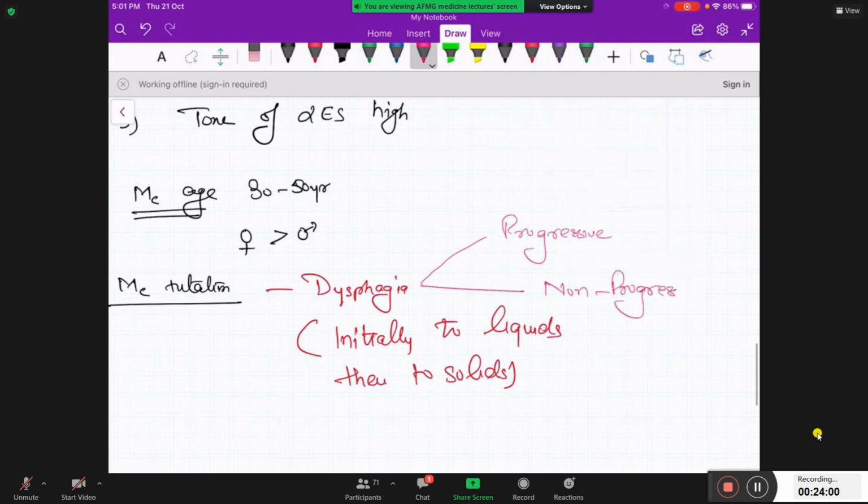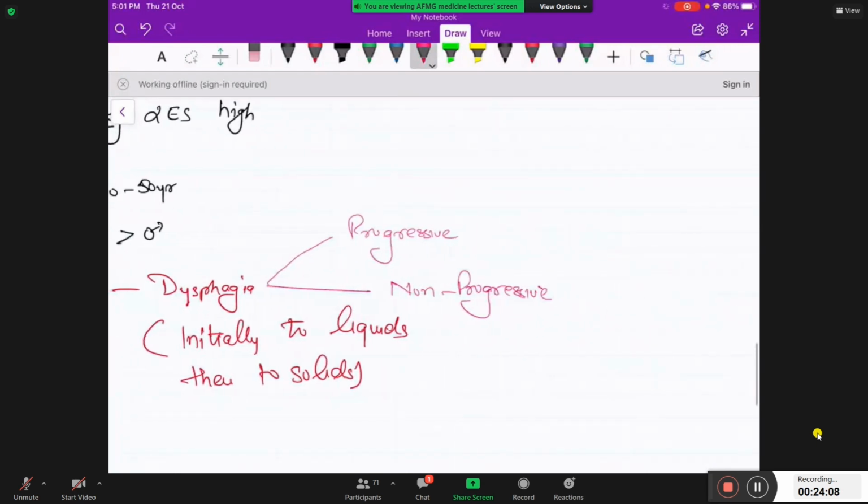Most of the time it is progressive, but please highlight that in your notes. It is never intermittent. What do you mean by intermittent dysphagia? Sometimes it happens, sometimes it doesn't, right?